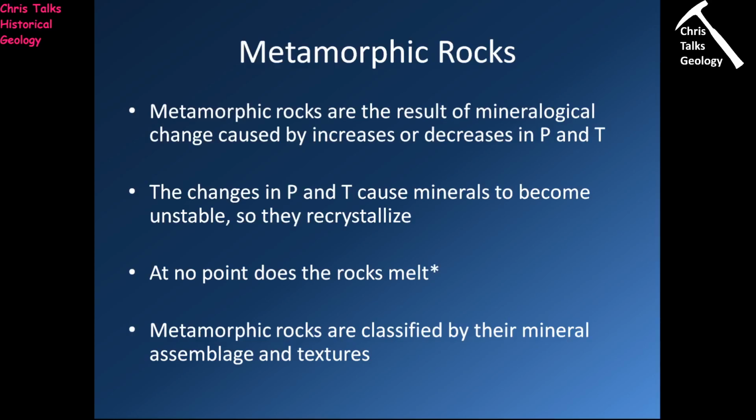Once you leave that range, the mineral will naturally become unstable, and so it will break down, forming a new mineral. Now, the key thing about metamorphic rocks is at no point do the rocks melt. Obviously once you start melting the rock, you're moving over into the igneous regime. So we can't have metamorphic rocks melting, and that works for 99% of cases.